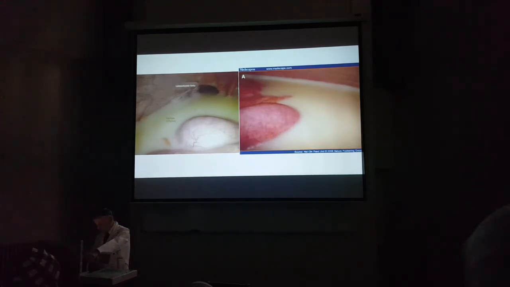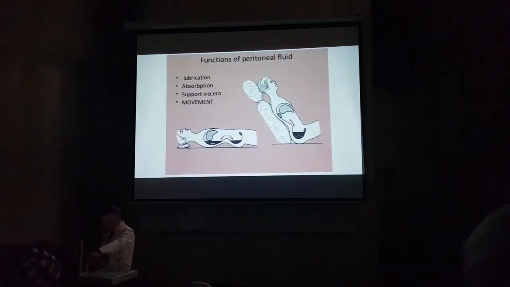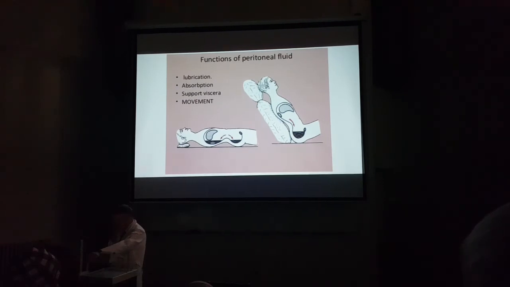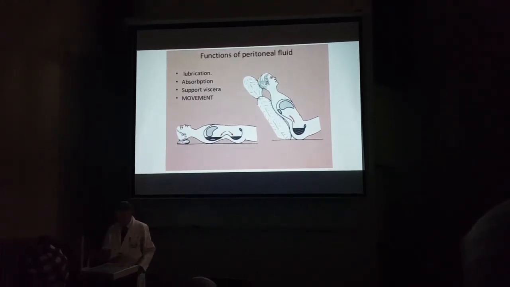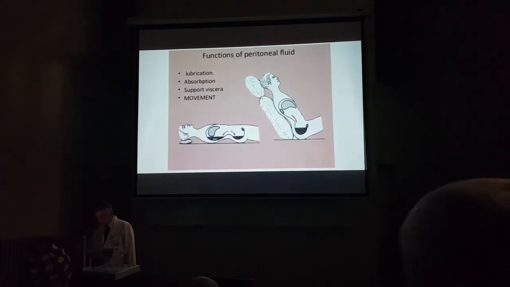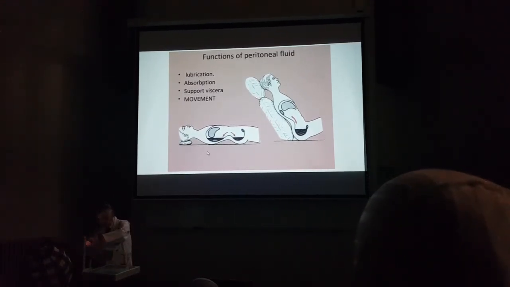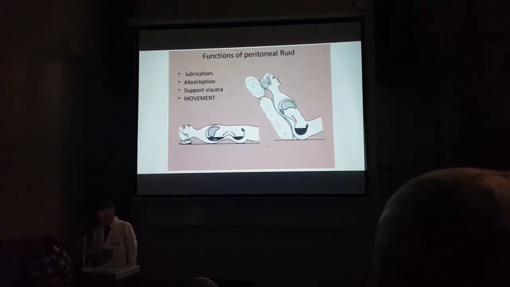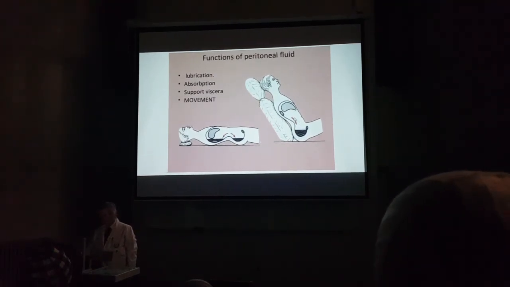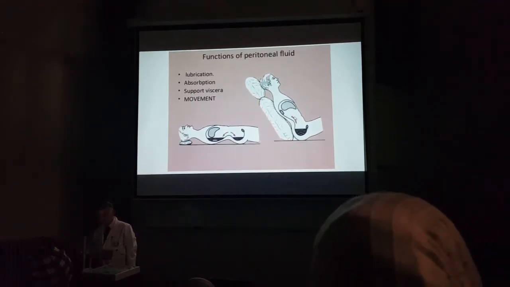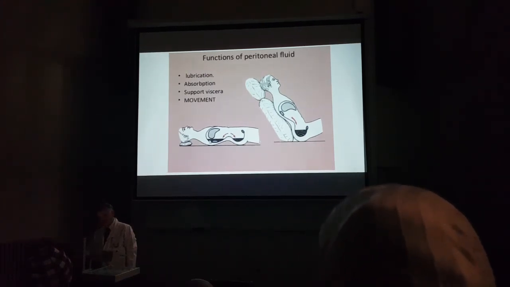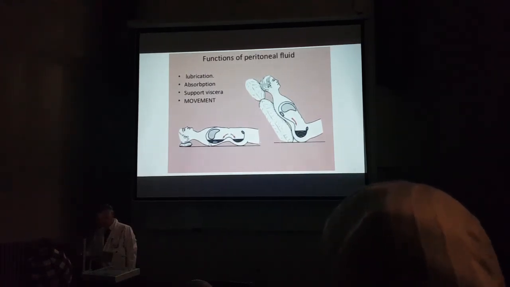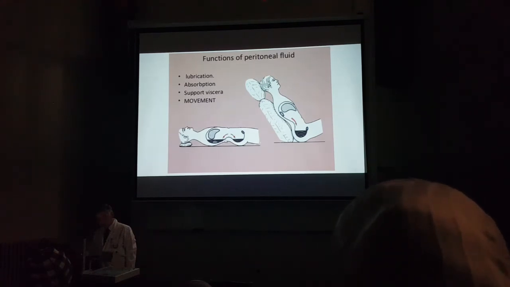This is fluid in the peritoneal cavity, and we want the fluid to collect in the pelvis. Therefore, we put the patient into this position. If we put the patient in a supine position, this lordosis is that of the lumbar.